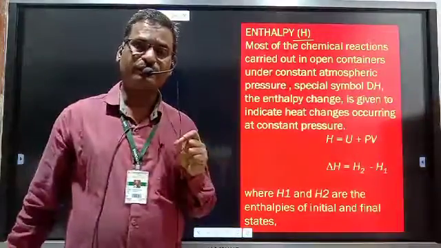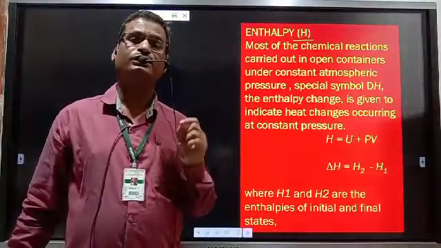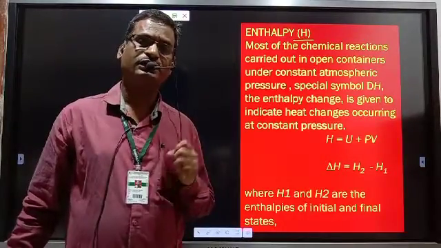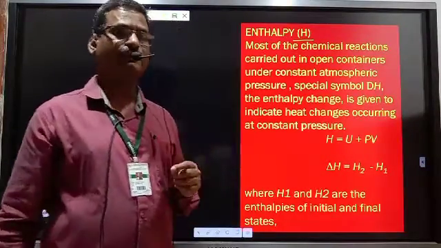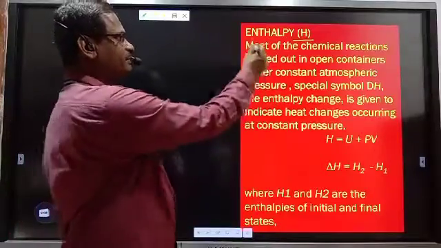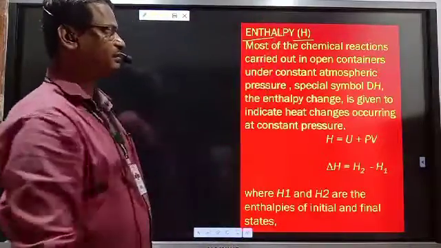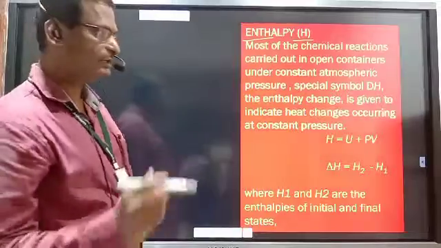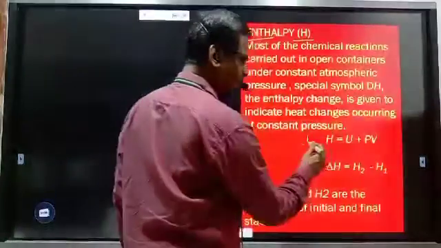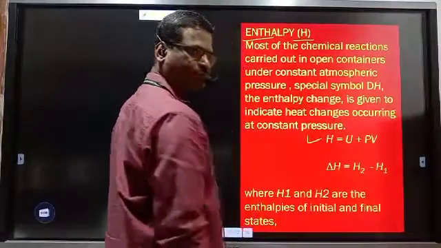So the effect of constant pressure with a change in volume is studied with the help of a new thermodynamic state function known as enthalpy, and it is given by the equation H is equal to U plus PV.